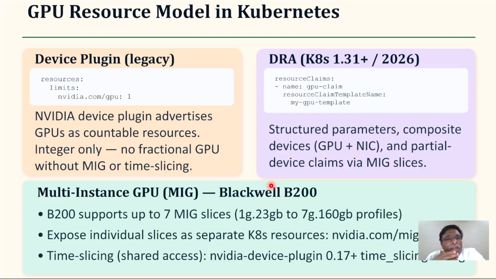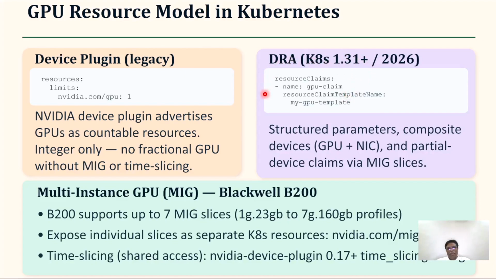B200 actually supports 7 MIG slices, and then there is a time slicing thing also, so you can use these configuration plugins. But dynamic resource allocation, in terms of support from Kubernetes for this particular thing, has started from 1.32, I suppose, or 1.31 plus.